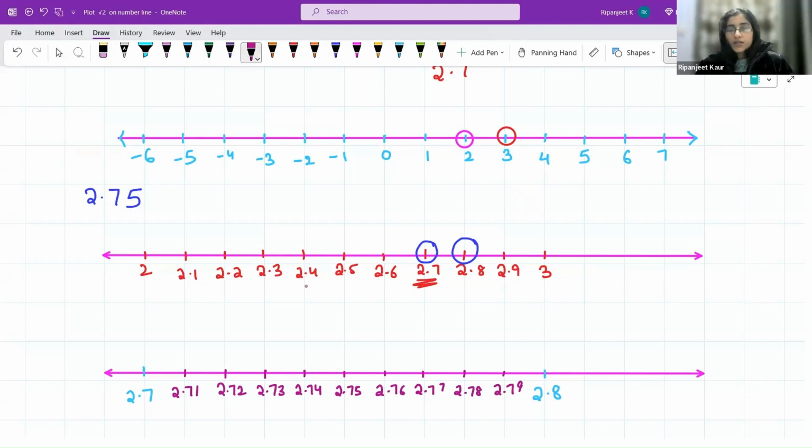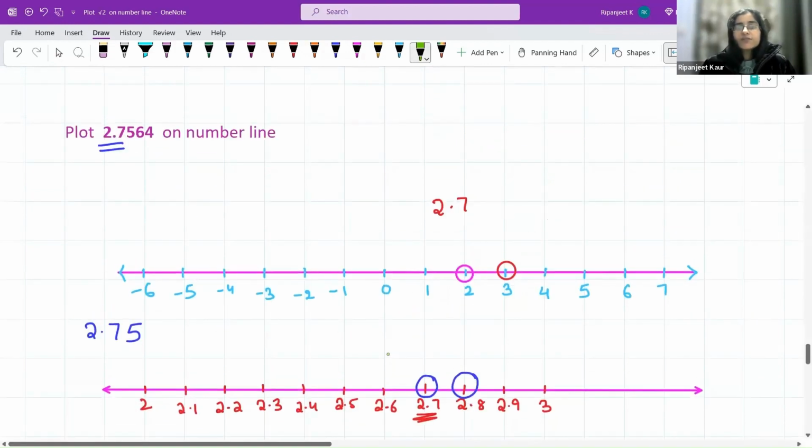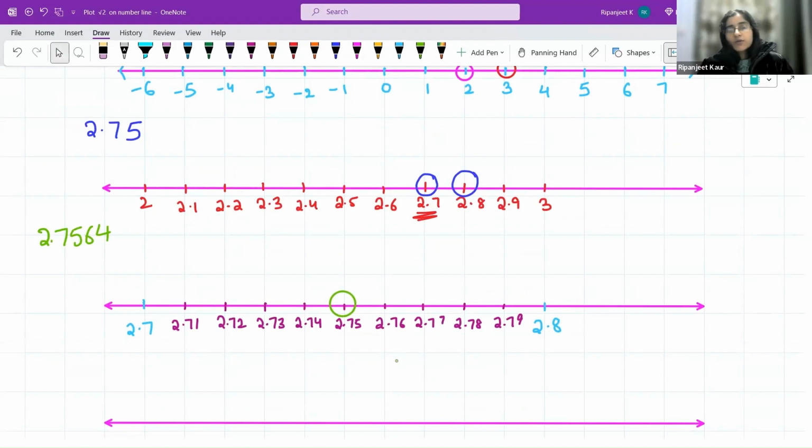So these are all the numbers that will be between 2.7 and 2.8. Now we want to locate 2.75. So where is 2.75? We can locate, it is here. And what was the original number? Original number was 2.7564.